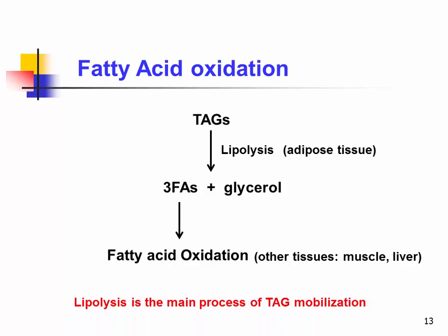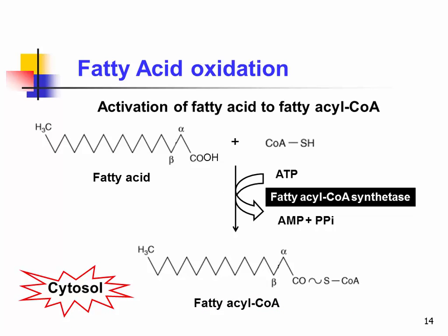And the first important reaction is the activation of fatty acids by fatty acyl-CoA synthetase. And this reaction is actually common for both lipogenesis and fatty acid oxidation, remember? Then this reaction occurs in the cytosol, and once it's activated to fatty acyl-CoA, the fatty acyl-CoA needs to go into the mitochondria, right?